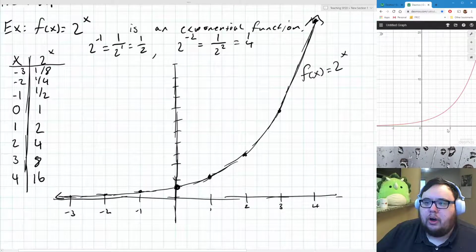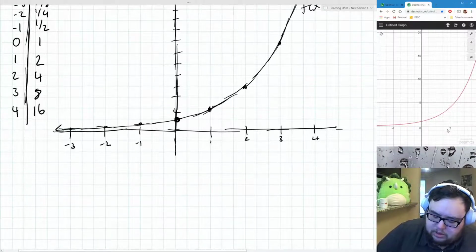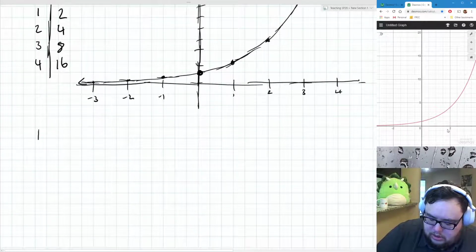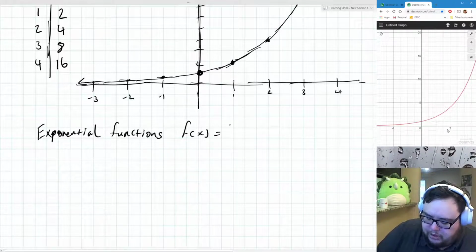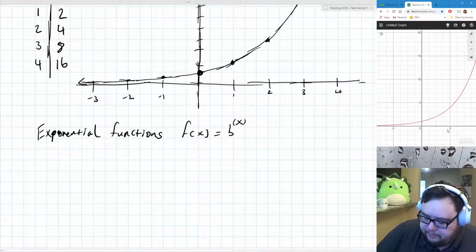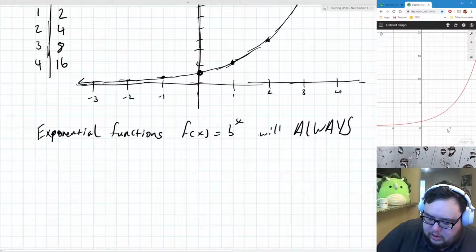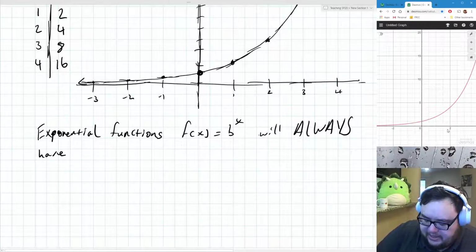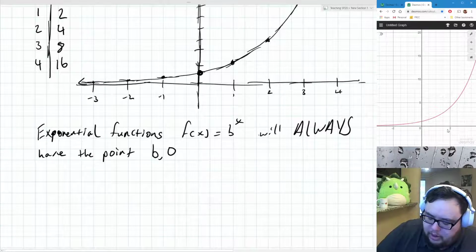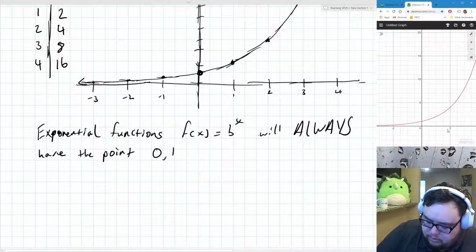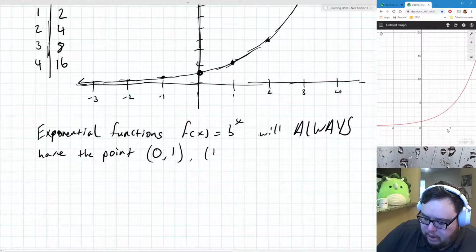Exponential growth functions, all exponential functions, have some commonalities. Exponential functions f of x equals b to the x will always have the point 0, 1, and the point 1, b.